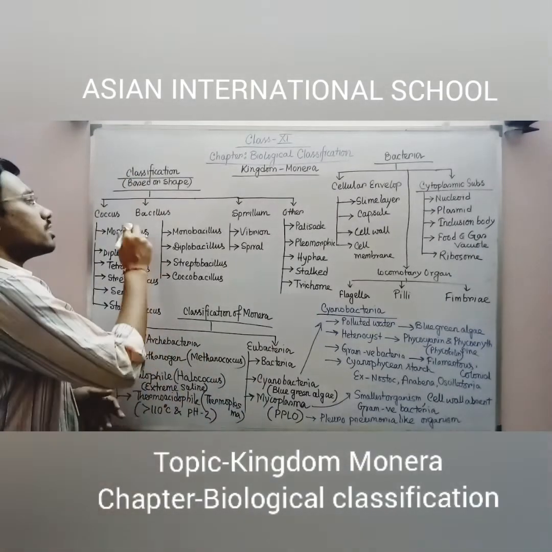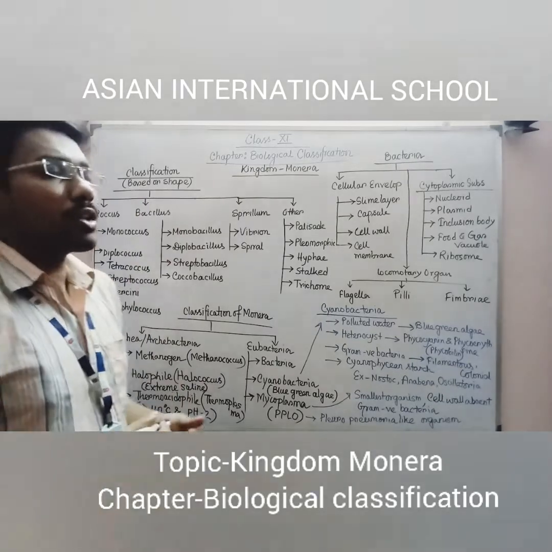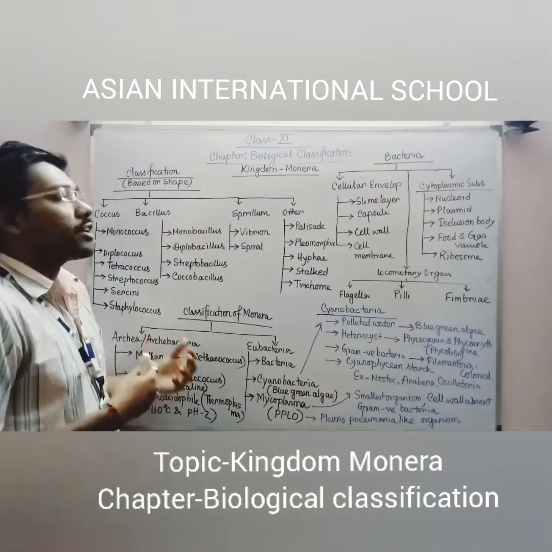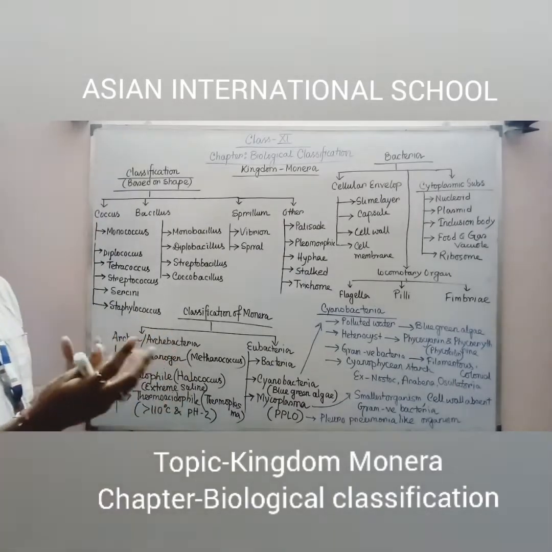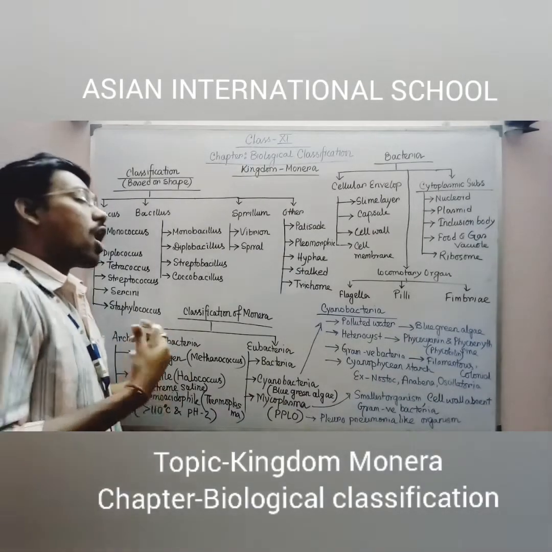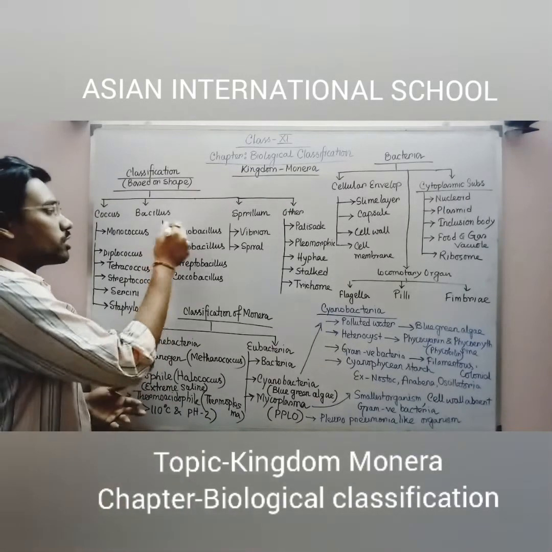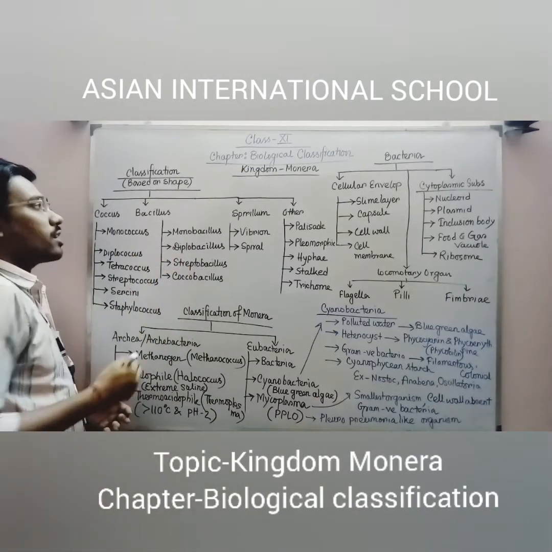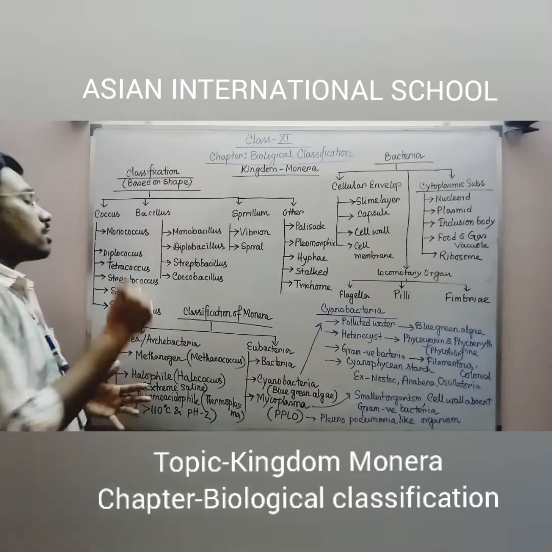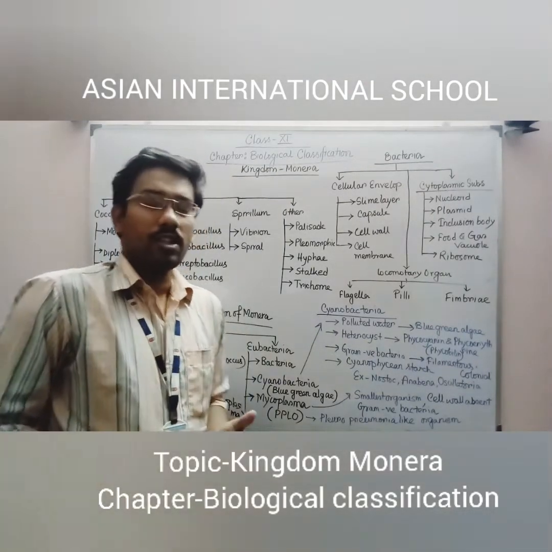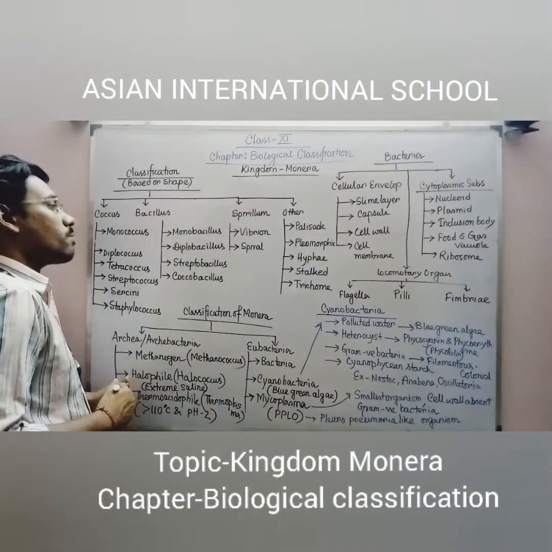Second one, the bacillus bacteria. Already I have told that bacillus bacteria means rod shaped bacteria. Here also, based on the configuration of the bacterial cells, how they are associated with each other or how many rod shaped cells are present, four different categories can be found under the bacillus category. First, monobacillus. It is common sense: when a single rod shaped bacterium is present, it is known as monobacillus.